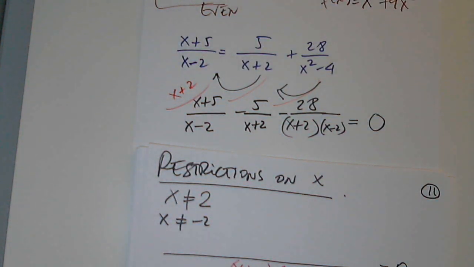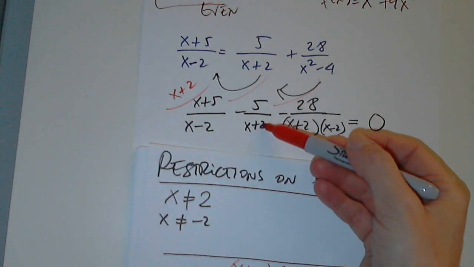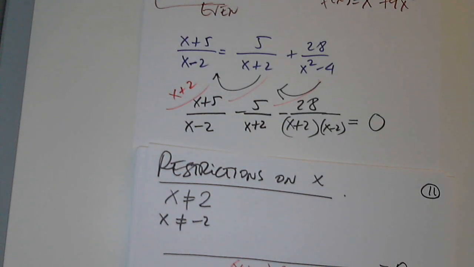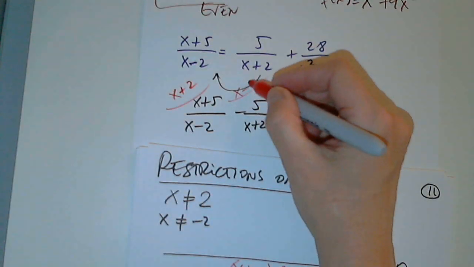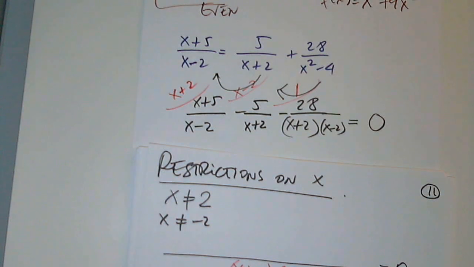It's just a reminder: if you multiply the denominator by x plus 2, you have to multiply the numerator by x plus 2. The same thing here, so I have to have an x minus 2. Here you don't have to write anything, or you just write 1 if you'd like, because we have the same denominator that we had before.